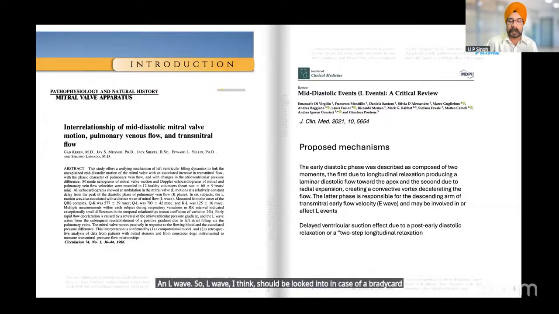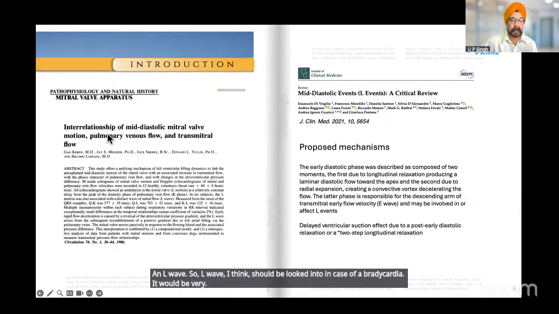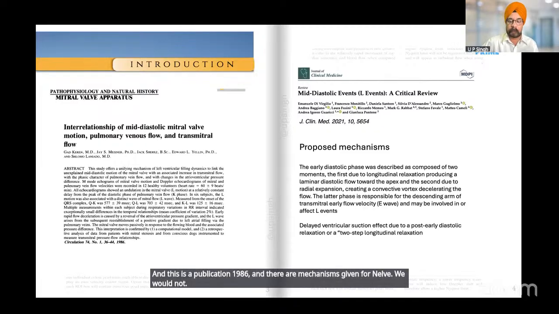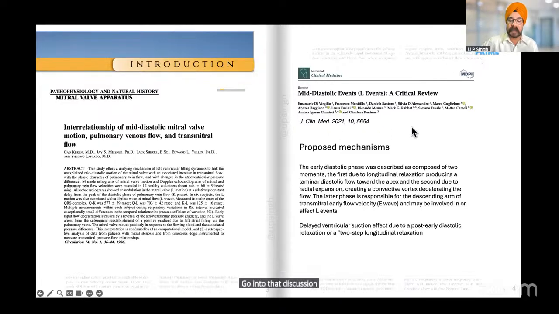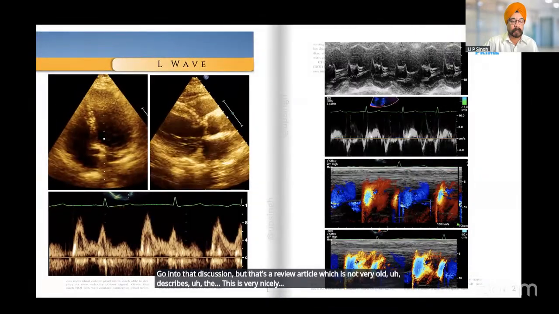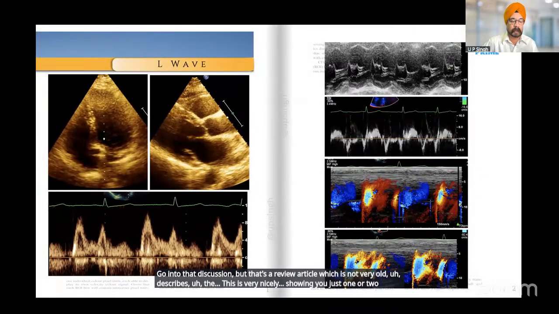It would be very useful, though it was described for the first time in normal people by Dr. Karen, and this is his publication from 1986. There are mechanisms given for an L wave. We would not go into that discussion, but there is a review article, which is not very old, that describes this very nicely, showing just one or two examples of an L wave.